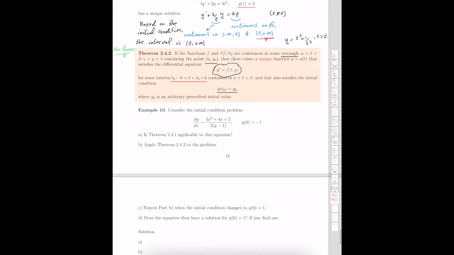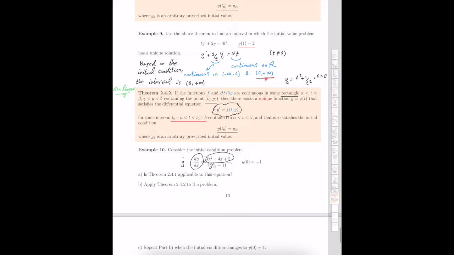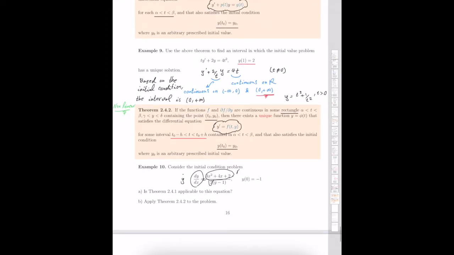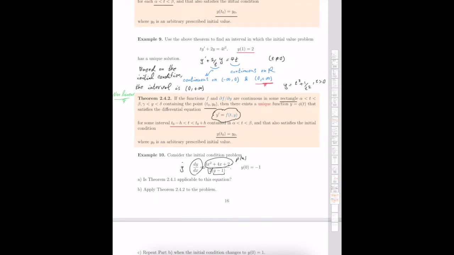Because look at this. This is y dot, and then you have it equal to a term. Perhaps this, together with the 2, you can call it p of x. But then here, this is not linear. It's just 1 over y minus 1. If instead of this I had just y minus 1 in the numerator, then that could be a linear differential equation, but not in this form.